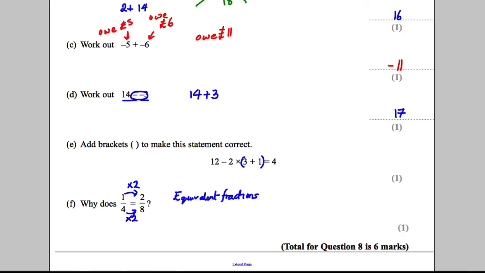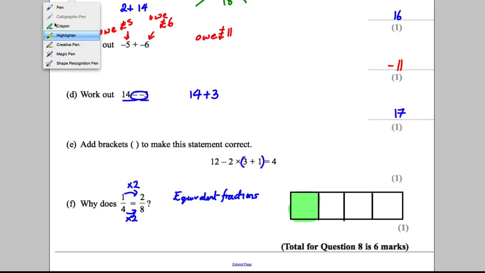Also, you could use a picture. Sometimes I find a picture is really useful for these things. So I'm going to draw a quarter. I'm going to represent a quarter. So a quarter could be represented by a box, which I halve, and then I halve again. Okay, so if I colour one of the boxes in, that is representative of a quarter there.